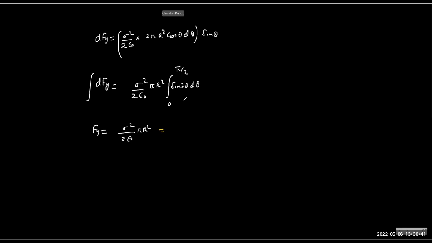Anyway, if you want, you can integrate, but I think this is easy. We can do it mostly without integration. In a sine x graph, the time period is 2 pi, but for sine 2x, the time period becomes pi. So this is pi actually, this is pi by 2. Understood?